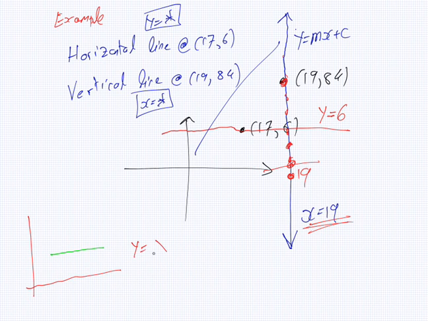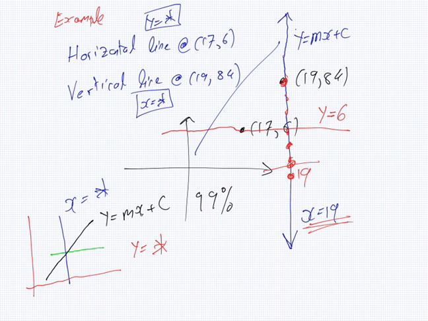Y equals a number. If I have a line like this, what's the equation? X equals some number. And a line in between, a line like this, y equals mx plus c. So 99% of the time you're looking at this, but 1% of the time you're looking at one of these strange lines, horizontal and vertical.